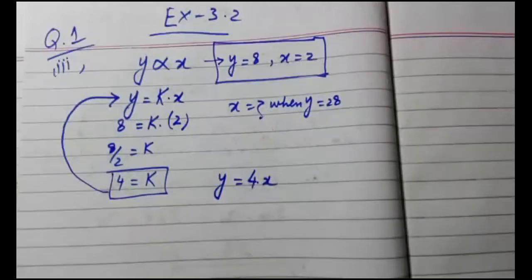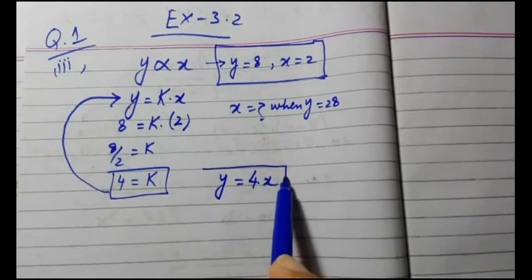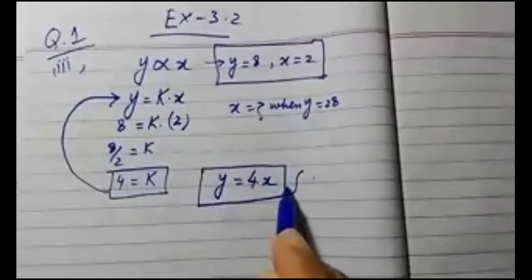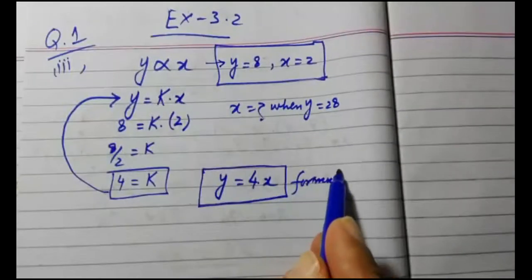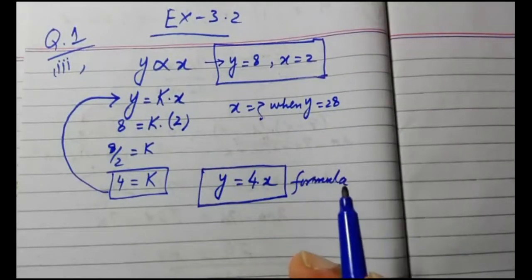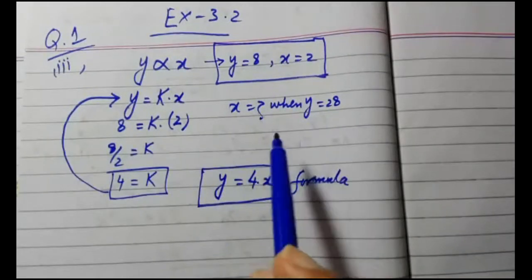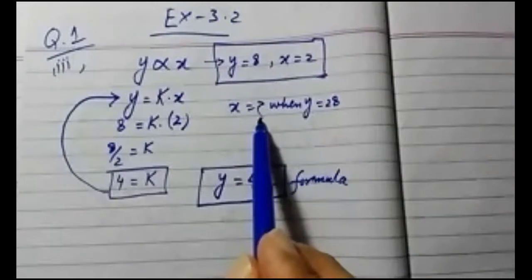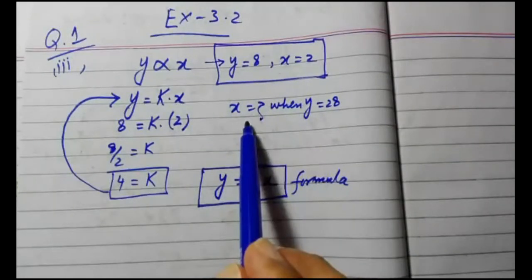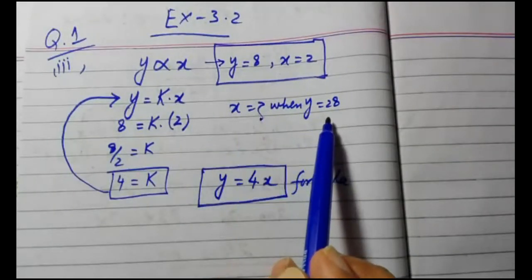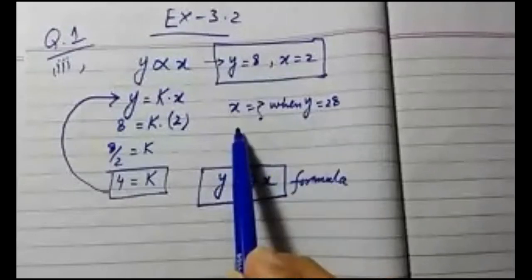Now you have gotten a formula which will be suitable for any type of calculation for this particular question. Like we are being asked again to find the value of x when y equals 28. Now you have to solve it for x when the given value of y is 28.